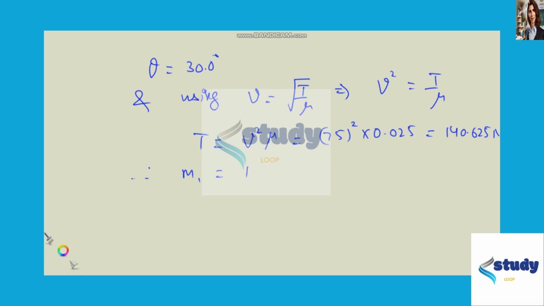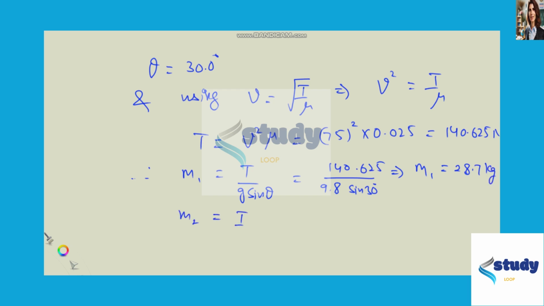So m1, that will be given by T by g sin theta, means 140.625 divided by 9.8 into sin 30 degree, means m1 is calculated to be equal to 28.7 kilogram, and m2, that is just T by g, means 140.625 divided by 9.8 only, and m2 is calculated to be equal to 14.35 kilogram.